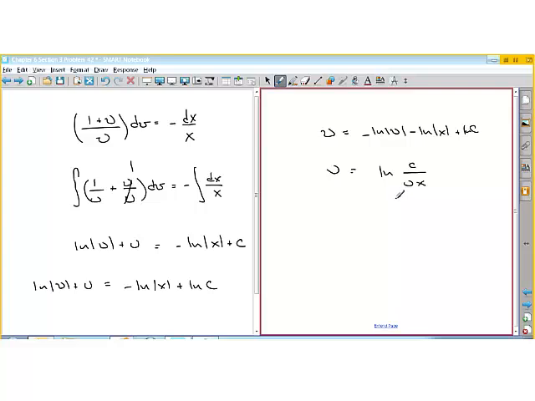Okay, at this point, do we want to make the substitution yet? No. So we're going to take e to the nu is equal to e to the natural log of c over nu x. Okay, e to the natural log of something is just that something.